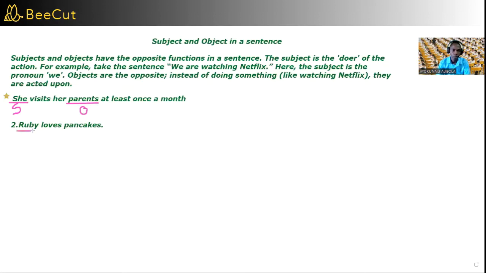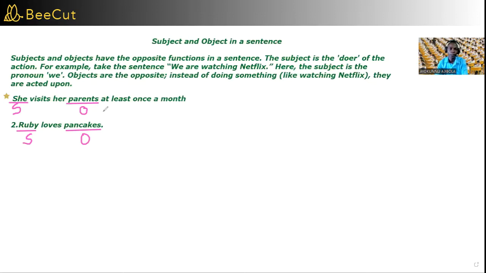So Ruby is the subject, while the pancakes that she loves are the object. This is the subject and this is the object.